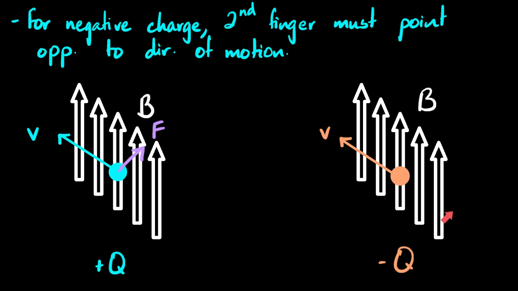So my second finger should point in this direction, and my first finger should point upwards. What we'll find is that the direction of force on this particle is actually opposite. That's something you have to keep in mind when using Fleming's left hand rule for negative charges.